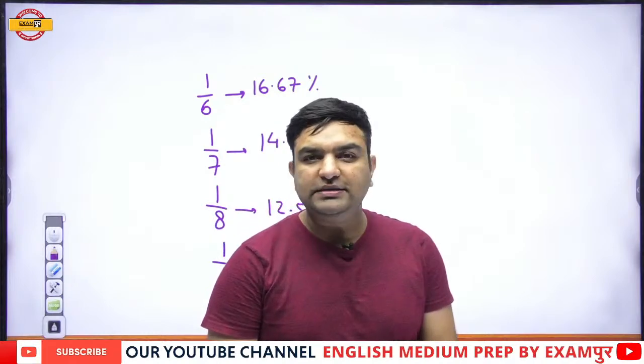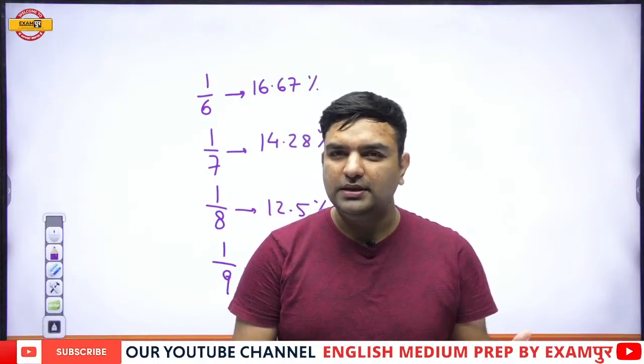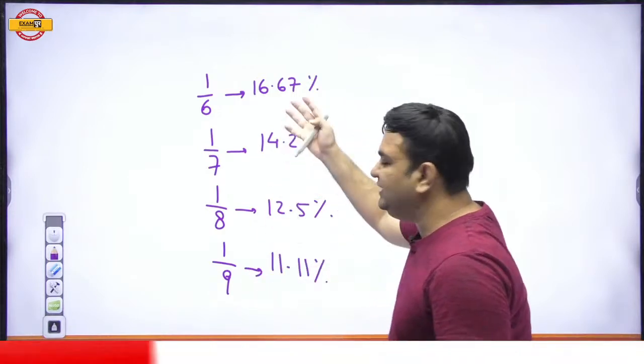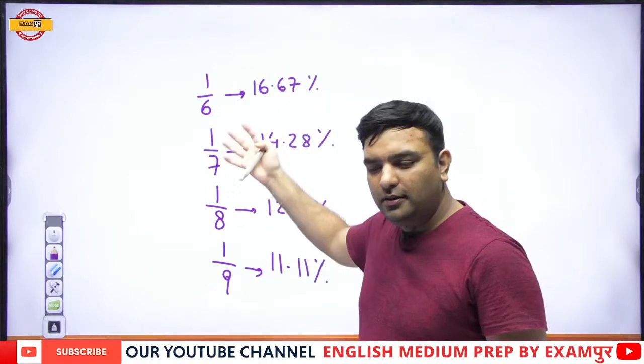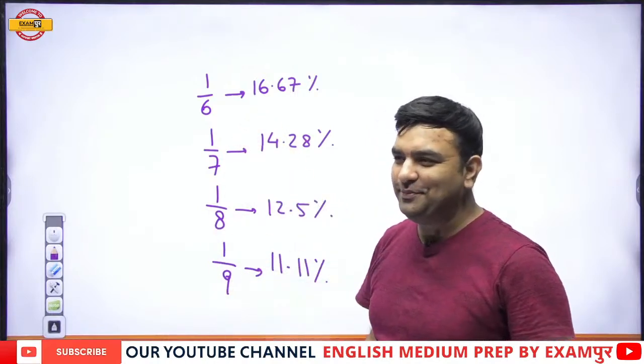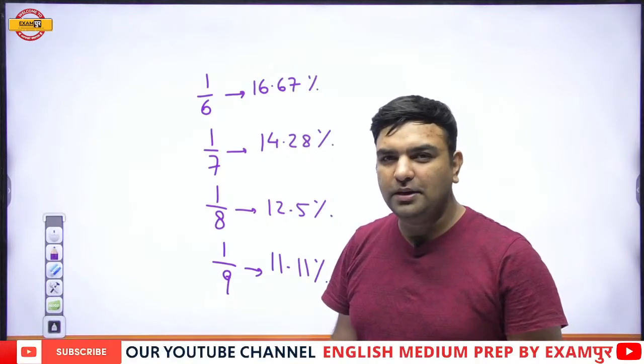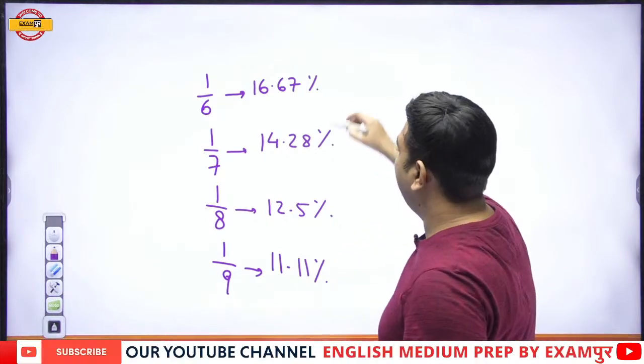They should be learned as tables. In class 2, in class 1, you learned the tables. So these are your new tables. If you do not know them, then you are zero in the SSC preparation. SSC or banking or any government exam preparation, you cannot stand out.